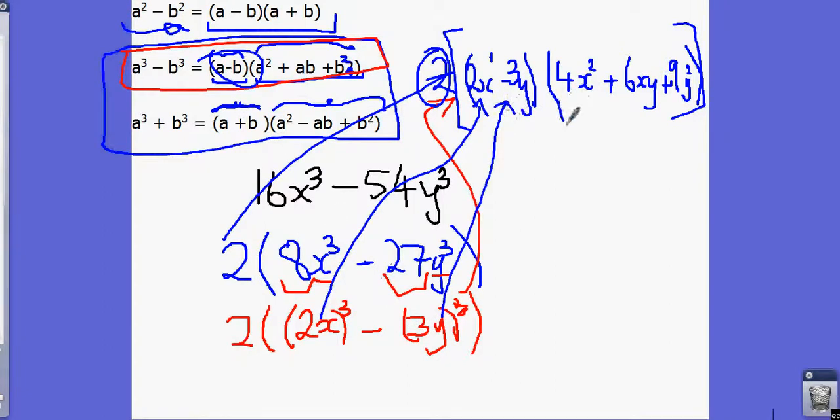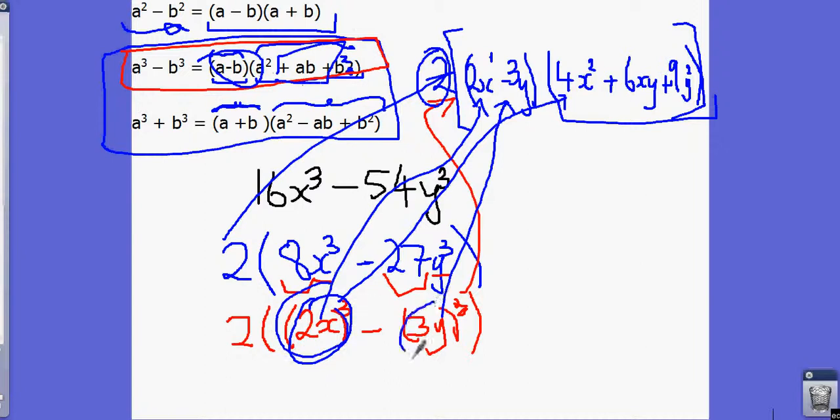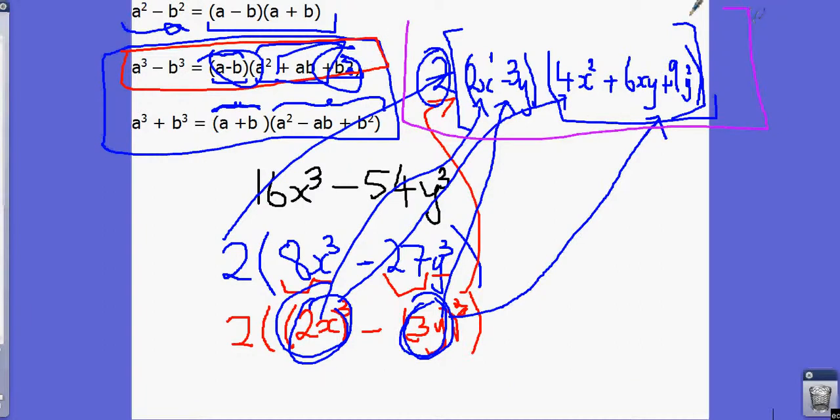Then in the second term, we have a squared, which is 2x all squared, which is 4x squared, plus ab, so we're adding 2x times 3y, which is 6xy, and then plus b squared at the end. b is 3y, and 3y squared gives you 9y squared. So our final result is this huge mess here: 2 times (2x minus 3y) times (4x squared plus 6xy plus 9y squared).